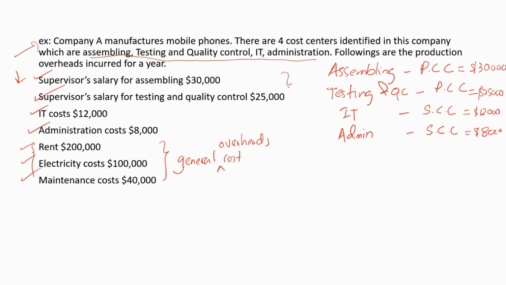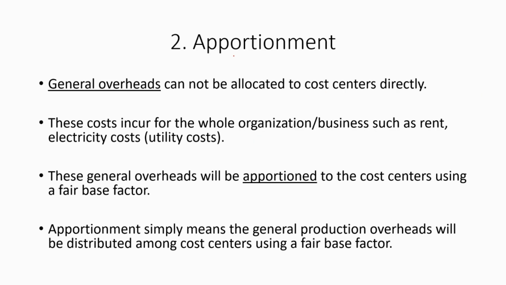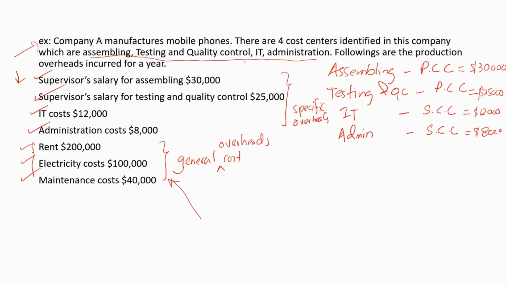So the first four costs are specific overheads, because we can identify these costs directly to cost centers. So how can we allocate these costs to cost centers? Which is done by apportionment. Earlier we discussed allocation.